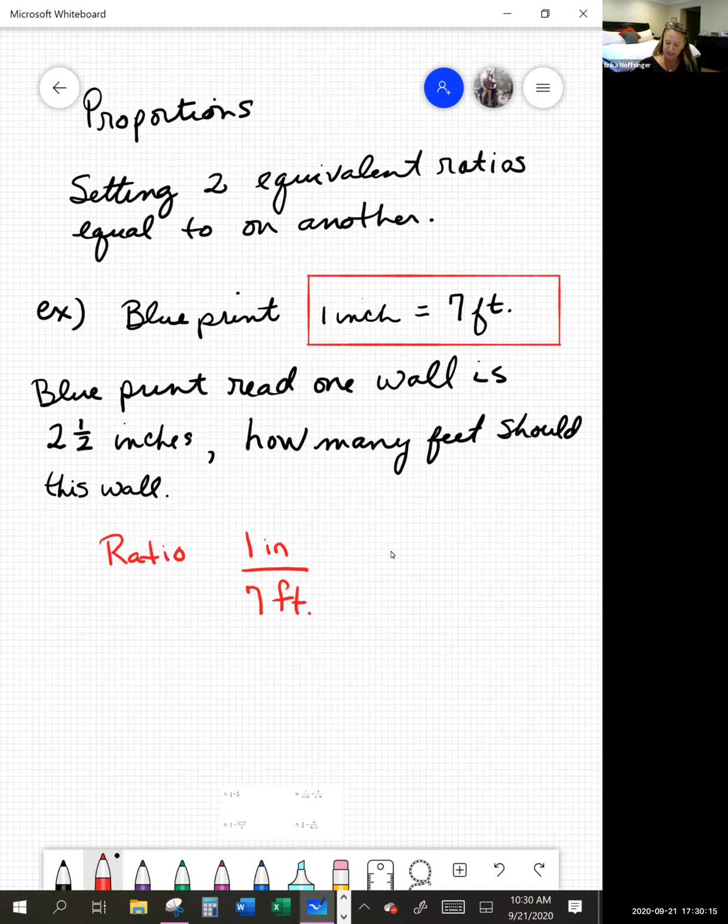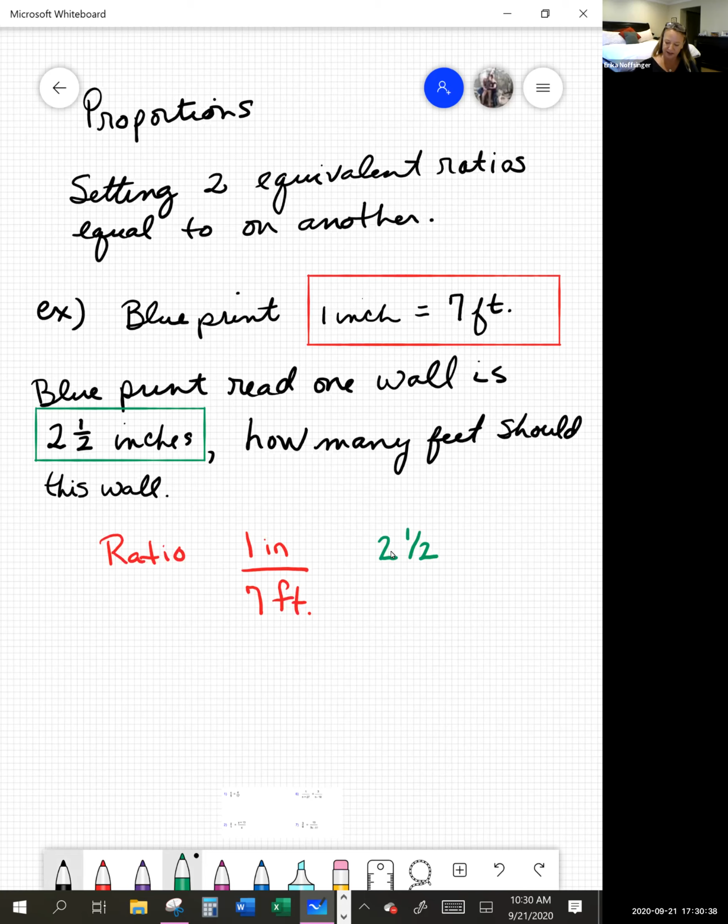And when we set our proportion, we know that we have 2.5 inches. You need to be consistent. So if I put inches in my numerator here, I need to put inches in my numerator on the other side. So this is 2.5 inches.